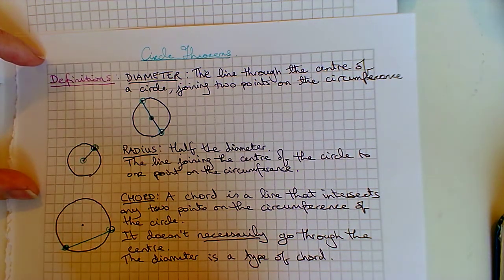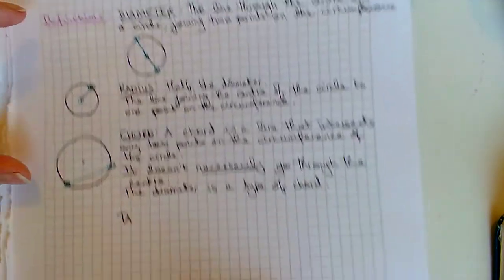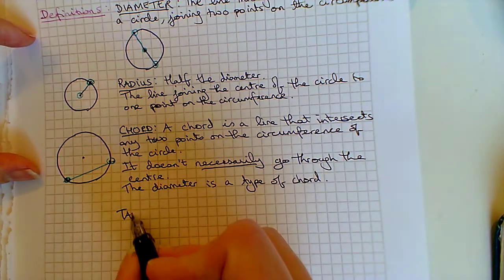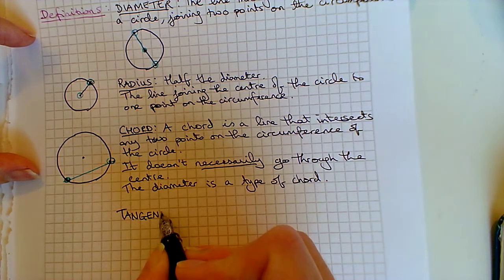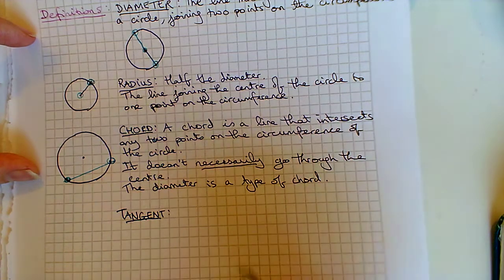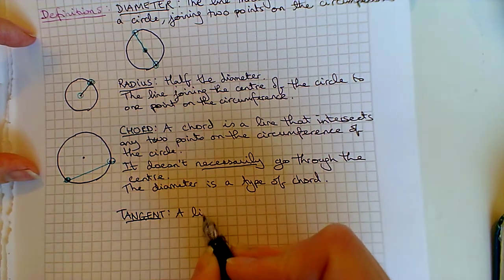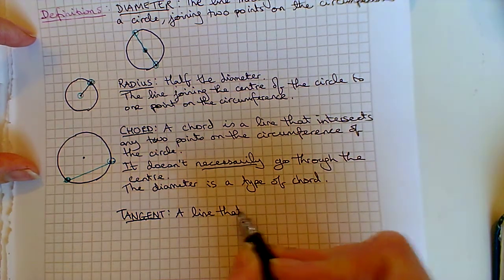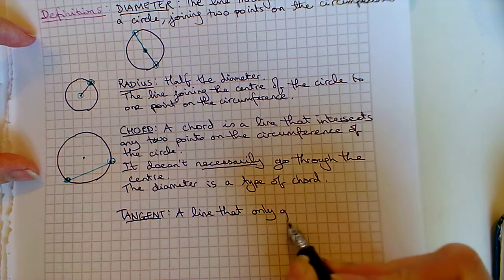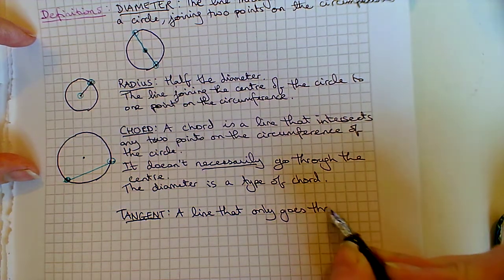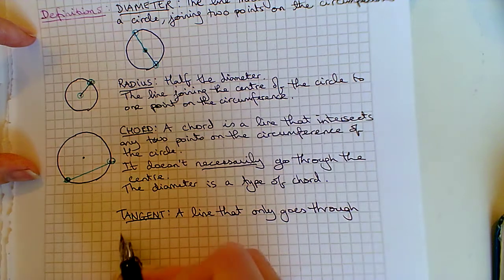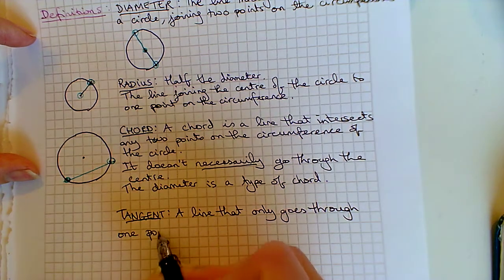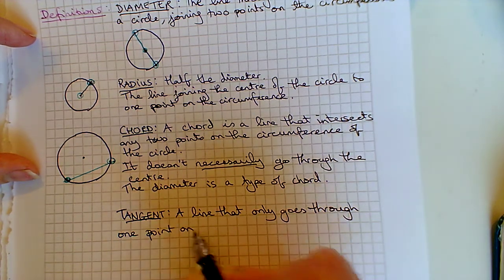Okay, the final type of line that we want to discuss in relation to circles is called a tangent. And a tangent is a line that only goes through one point on the circumference.